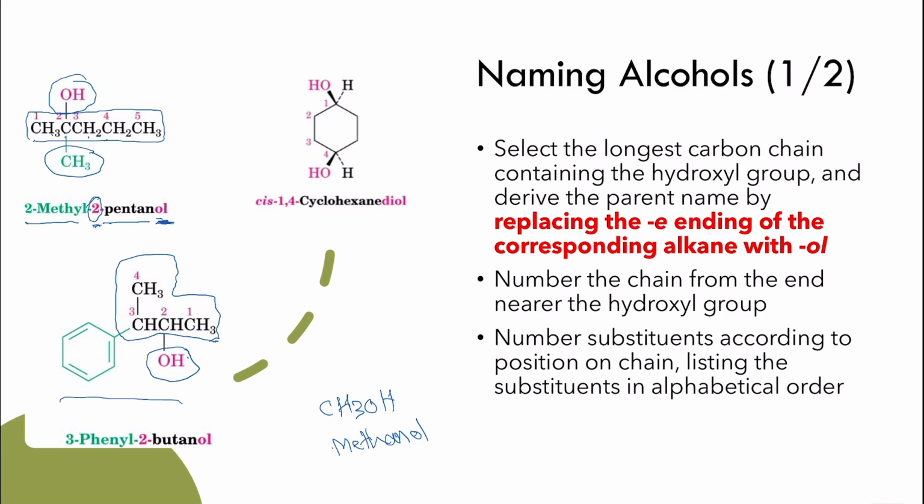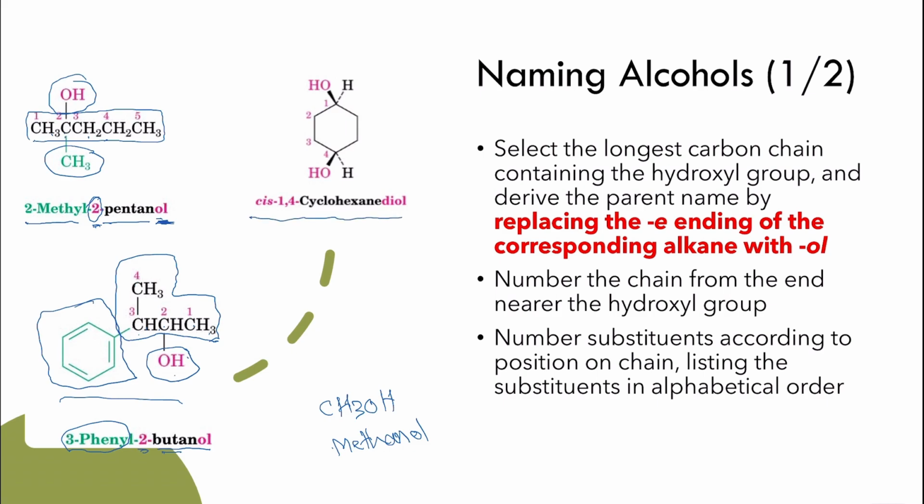We have this phenyl group, an aromatic group, on carbon number 3. So it's going to be 3-phenyl and 2-butanol. 2 because the hydroxyl group is on carbon number 2. Butan because it's 4 carbon atoms in a chain, so it's a butane. So you replace the E with an OL, so it becomes 2-butanol.